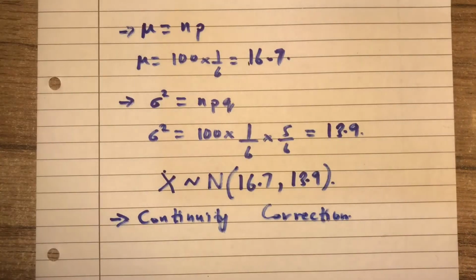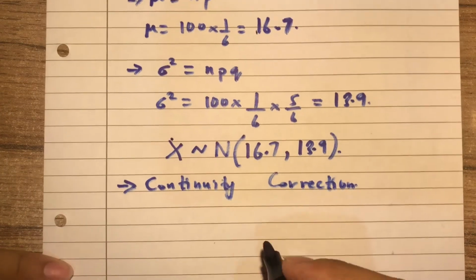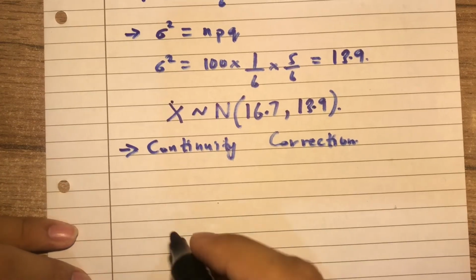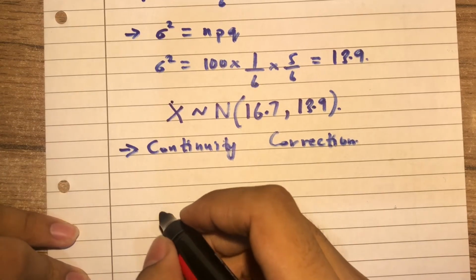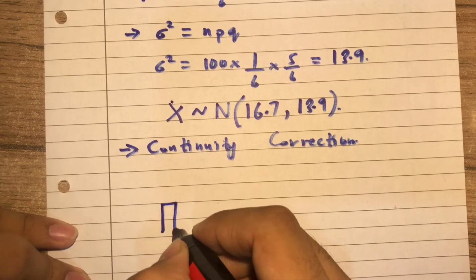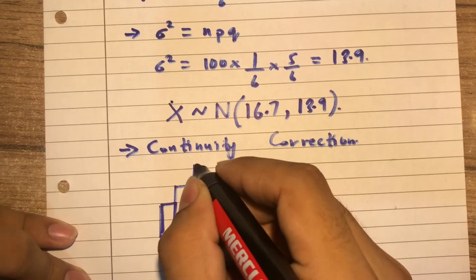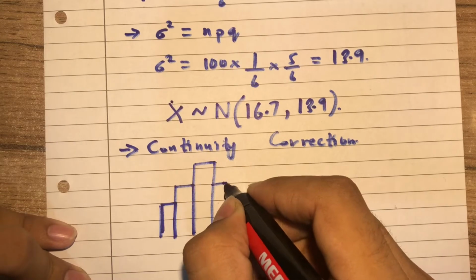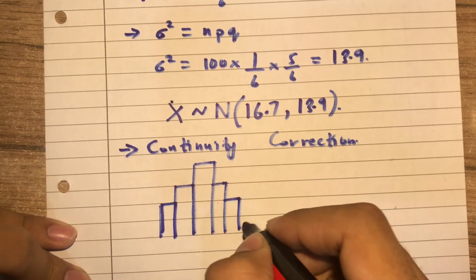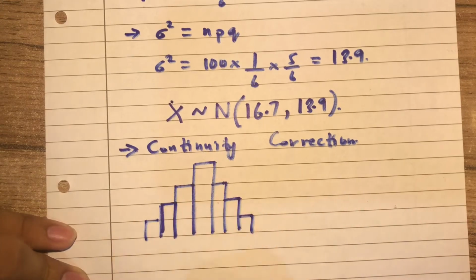So if for the binomial distribution I made histograms, they would be somewhat like this, right?